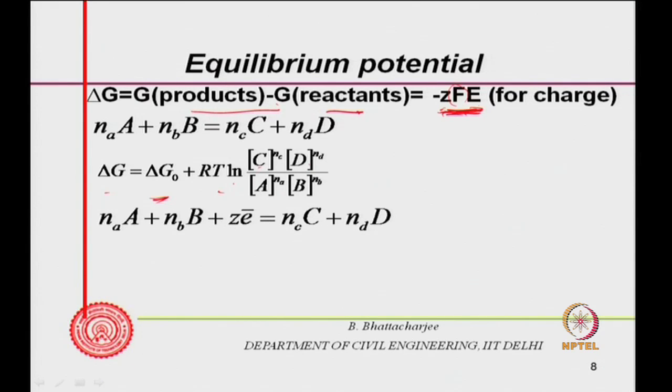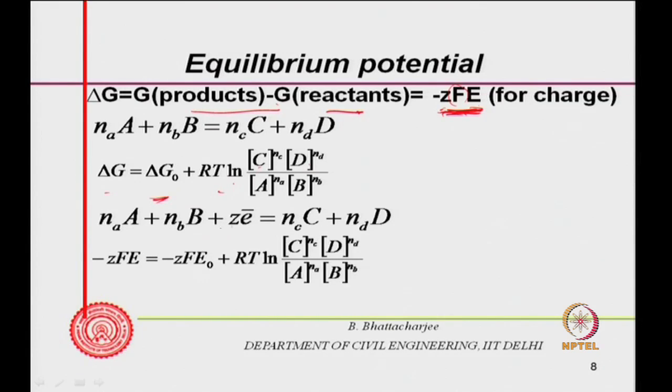So if Z electrons are involved in the electrochemical reaction, this reaction can be written as minus ZFE equals minus ZFE0 plus the RT ln term, where E0 is analogous to delta G0, and the electron concentration need not be taken.